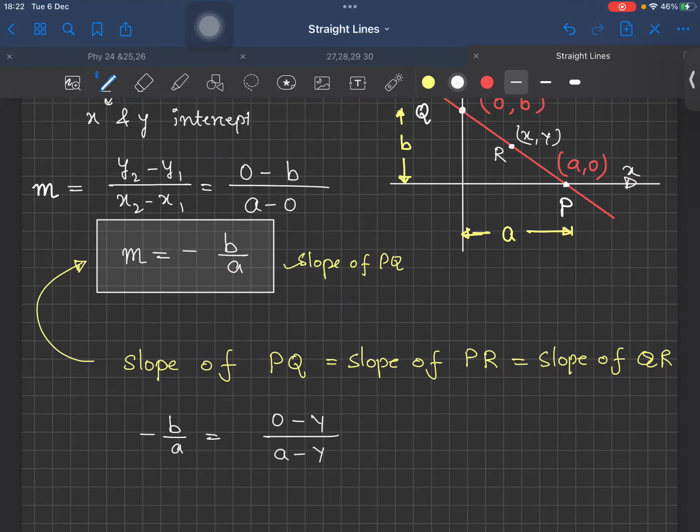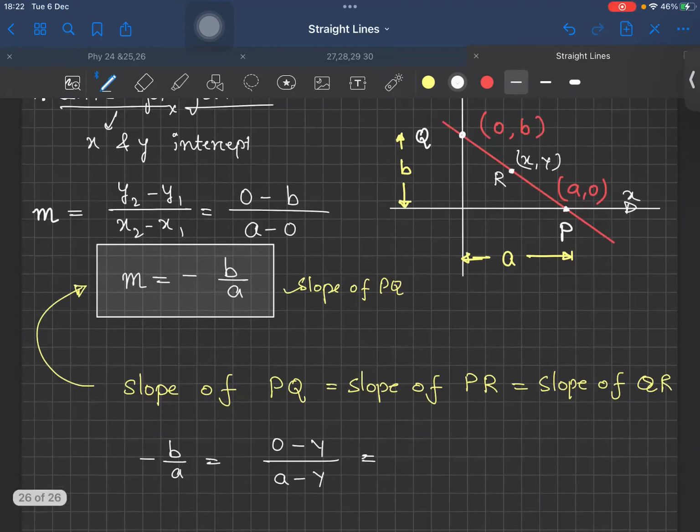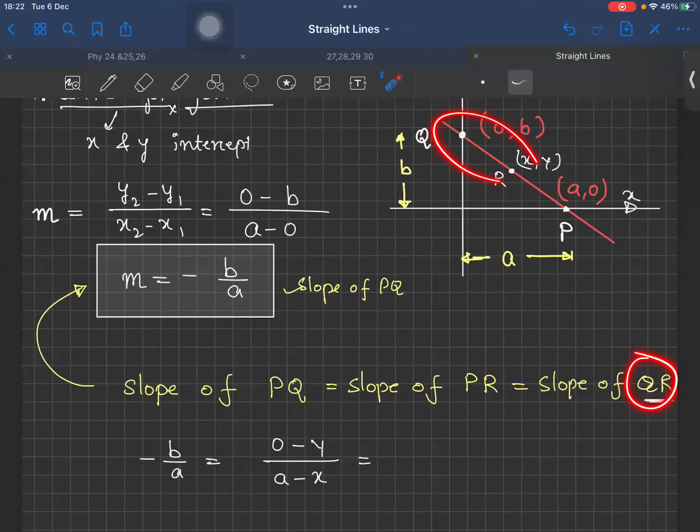My mistake. Okay, now tell me slope of QR. QR, this one. Sir, y minus b by x minus 0. Okay, y minus b by x minus 0.